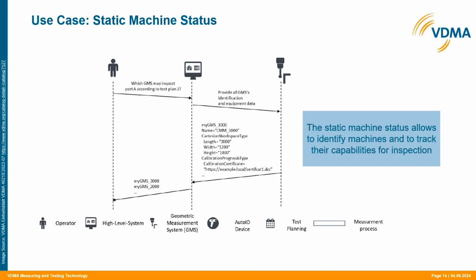This static machine data already tells you a lot. It tells you which machine you have, what software version is installed on this machine, and the basic machine capabilities. So to wrap up, the static machine status allows you to identify machines and to track their capabilities for inspection.